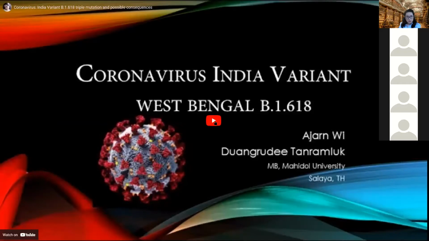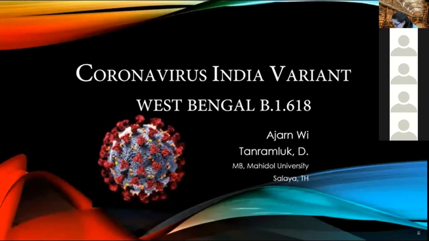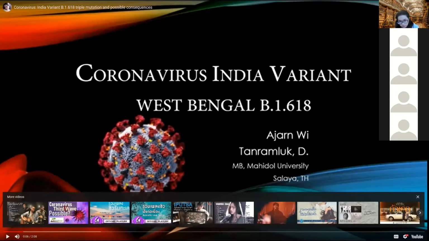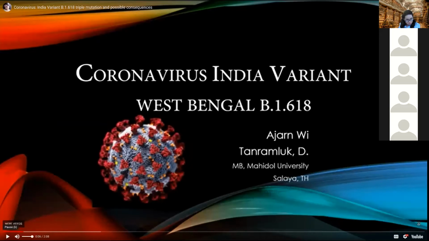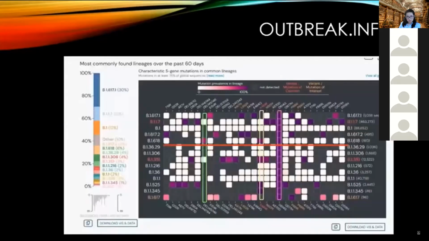So this one is the coronavirus India variants video that I created. So let's see the protein structures that I show with the spike protein. Tanramluk at Mahidol University. I'm reporting my mapping of the West Bengal B.1.618 mutations on the spike protein structure of the coronavirus India variant.